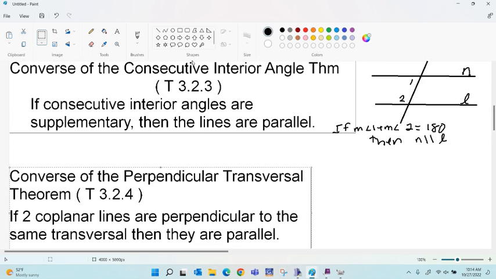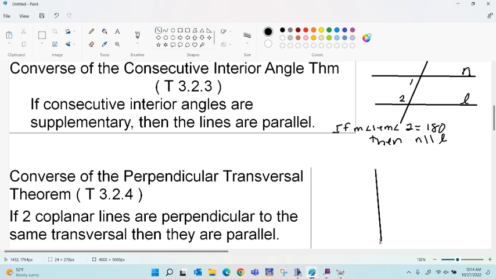Okay, if two coplanar lines are perpendicular to the same transversal. So I'll start with drawing the transversal. So here's my transversal first.